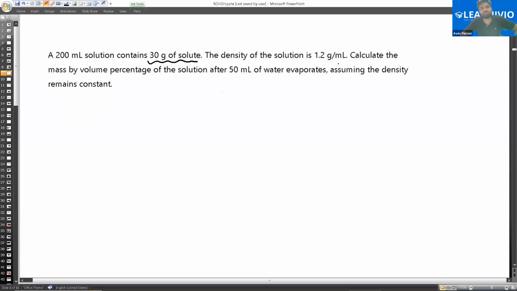The density of the solution is this one. Calculate the mass by volume percentage after 50 ml of water evaporates, assuming the density remains constant. So now tell me, this is very simple question.